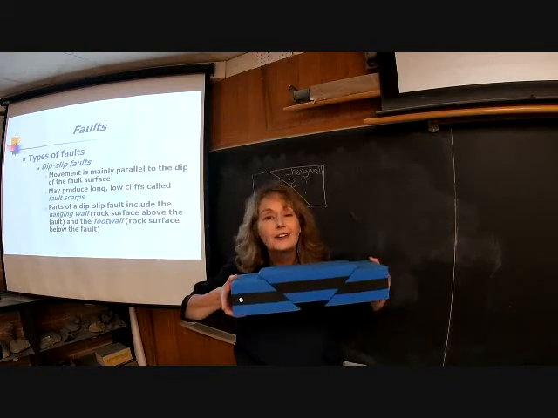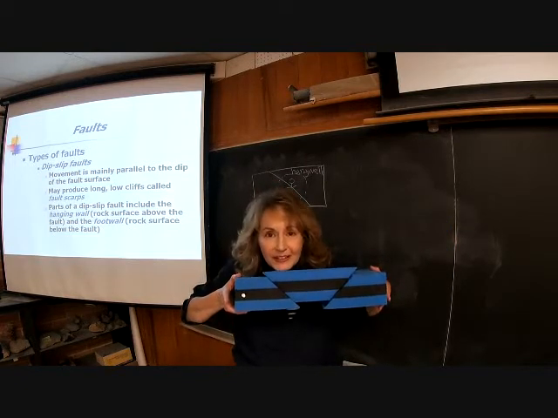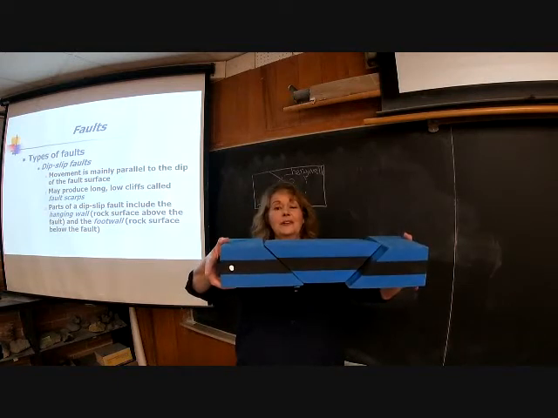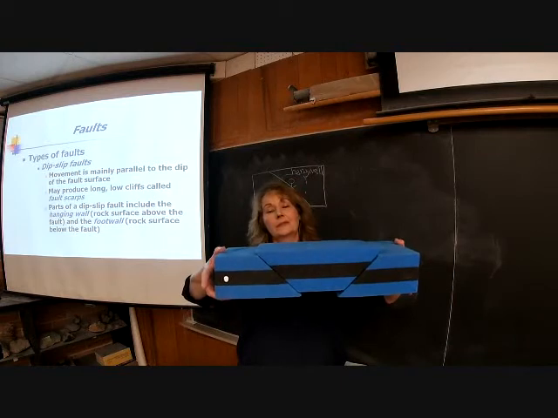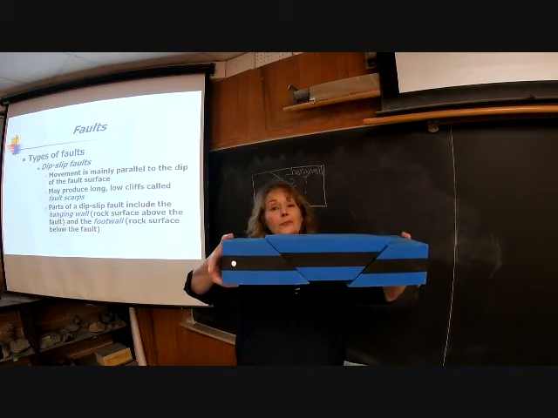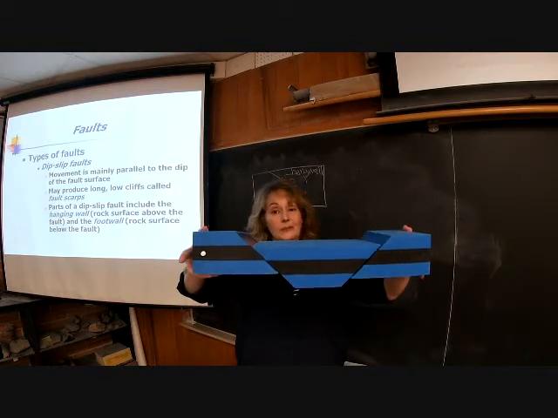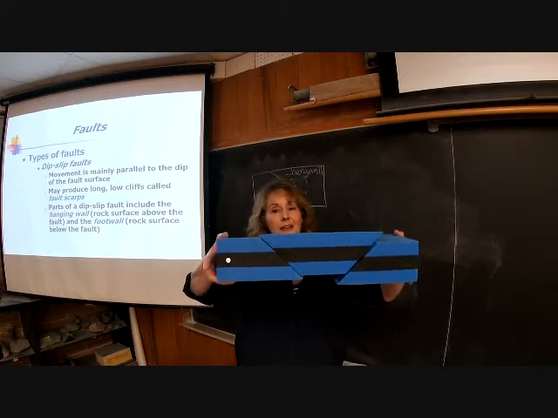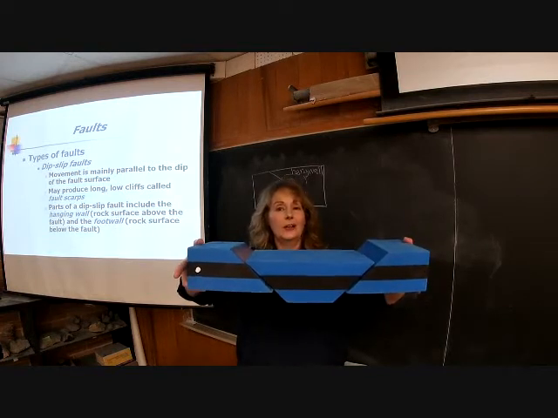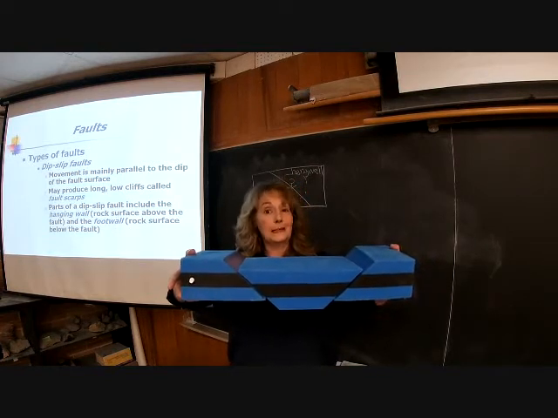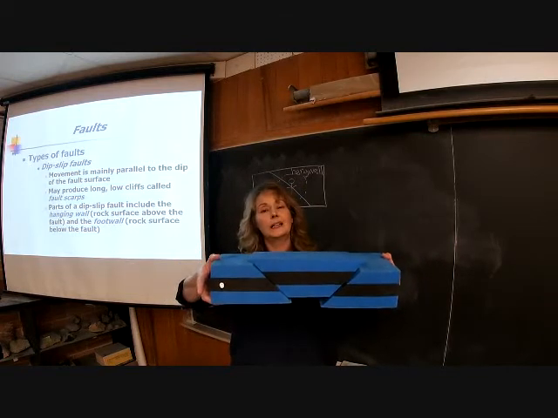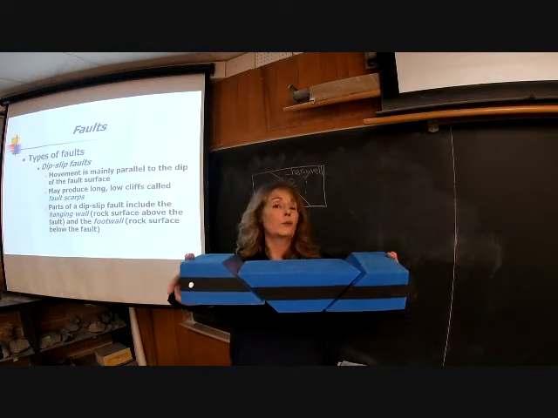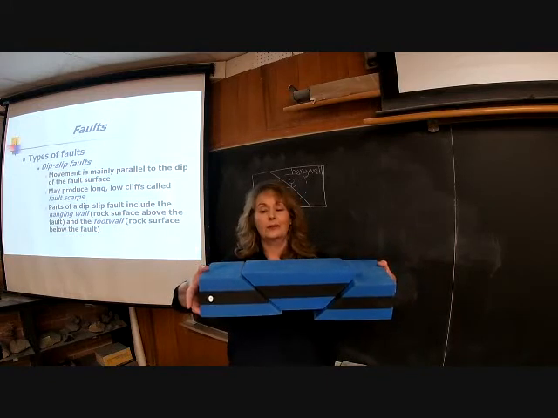So his head, I'm trying to hold on to this, this would be the hanging wall, that piece right there. Okay. So when I pull these apart, the hanging wall moves down. So think of where his head would be. The hanging wall moves down. That's called a normal dip slip fault. Okay, so where the motion is vertical like that, we call that a dip slip fault.